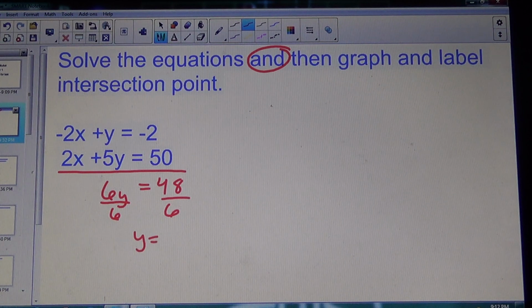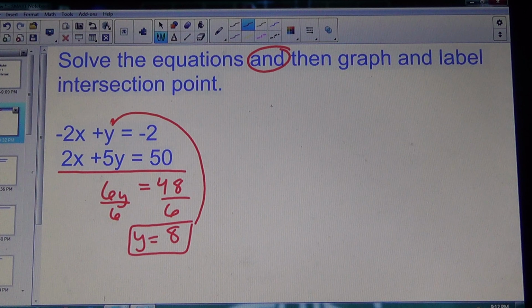That gives me 6 times 8 is 48, so y is 8. I'm not done though. Once you know y, I need to also find x. To find x, I'm going to plug this y back in. I'd have negative 2x plus 8 equals negative 2.